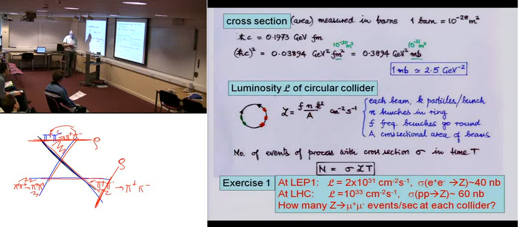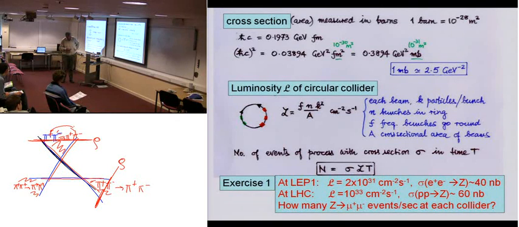Now experiments nowadays are done with circular colliders. Counter-rotating beams hitting head-on. The crucial thing in a collider is its luminosity. What is its luminosity? Its luminosity is essentially how many times the beams go through each other in the collision mode. So each beam contains k particles per bunch.